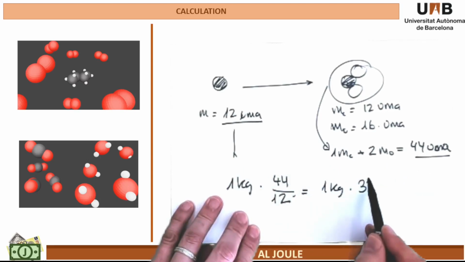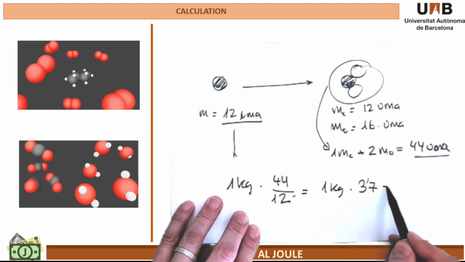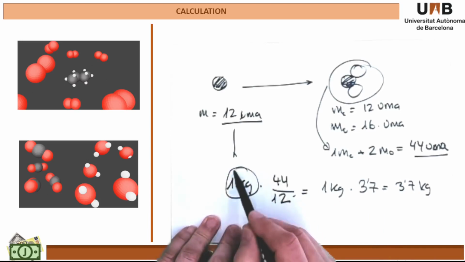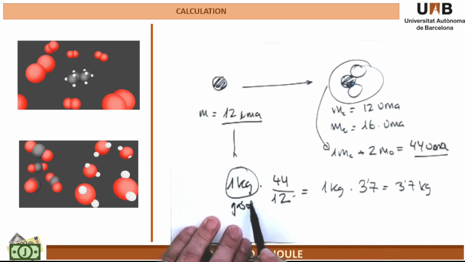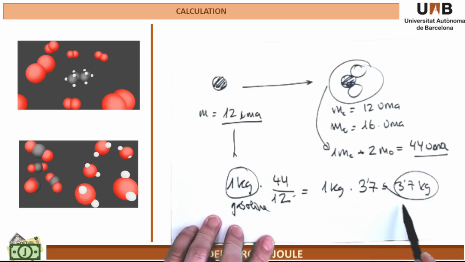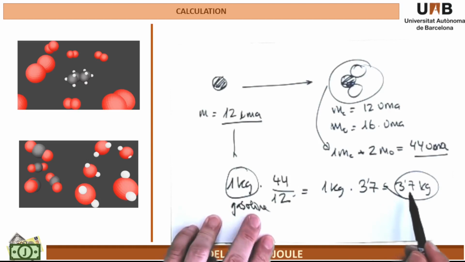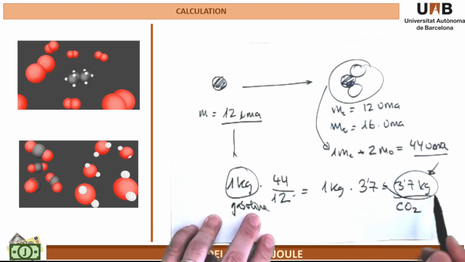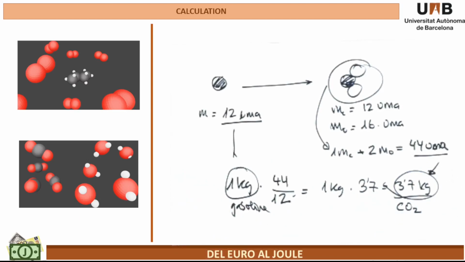That is more or less 3.7. This means that for each kilogram of gasoline, we will emit 3.7 kilograms of CO2. This is very important because we will need it to make our calculations.